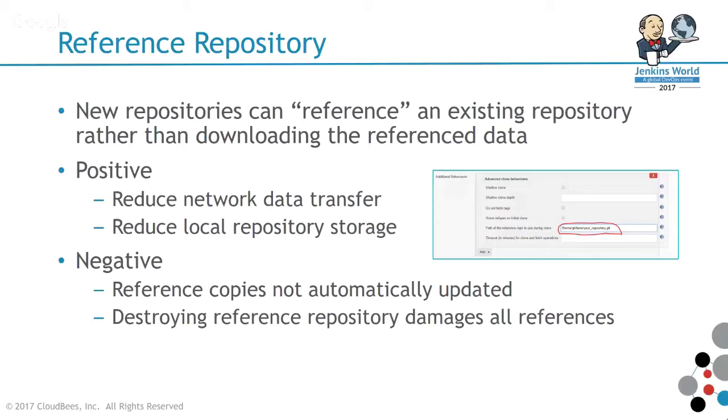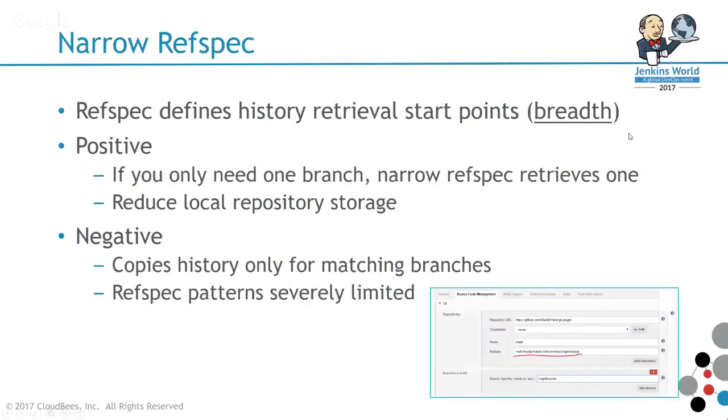Okay, so in addition to a reference repository, you can narrow the breadth of the information that you request from that remote server. A Refspec is a Git way of saying, what are the things on the remote server that I want to bring to the local?